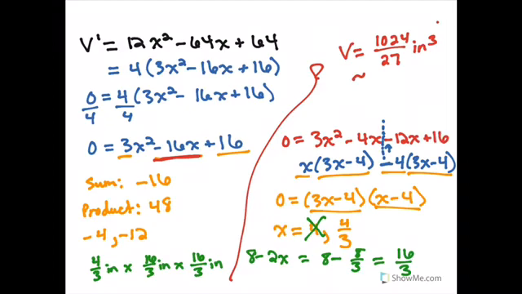And if I make that a decimal approximation, because that makes a little bit more sense to me if we're talking about volume, if I really want to know how big this box is, a decimal answer is going to make more sense to me than that fraction does. It is 37.93 inches cubed.